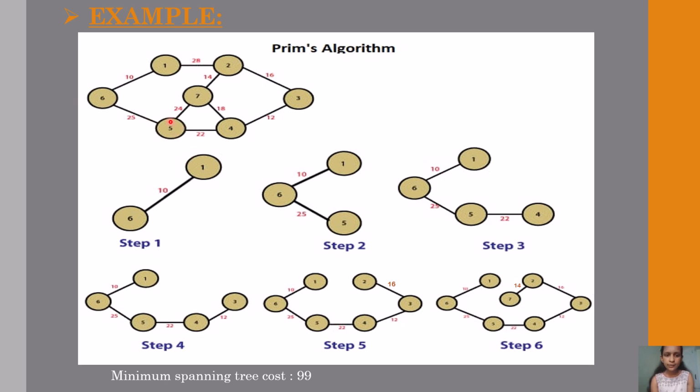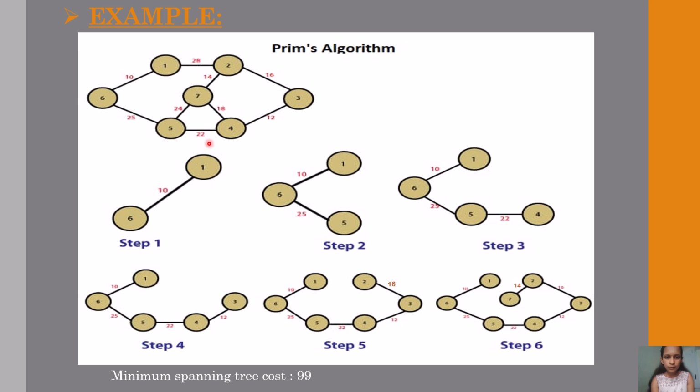Here 5 has two more vertices joined with it. 5 is connected with vertex 7 with a cost of 24 and also with vertex 4 with a cost of 22. So the minimum cost is 22. So in step 3, node 4 is joined to node 5 with a cost of 22.